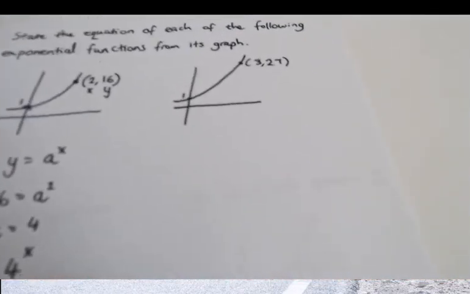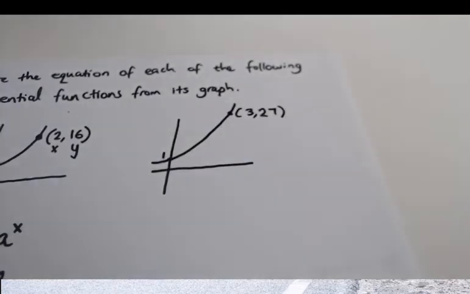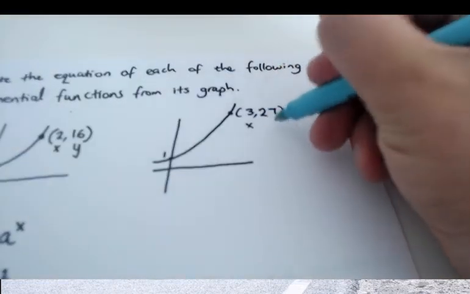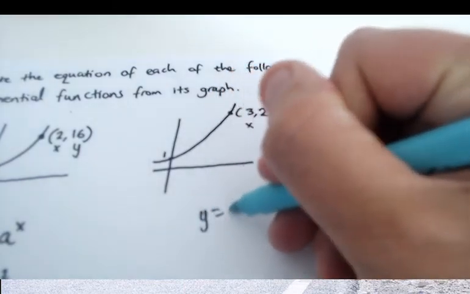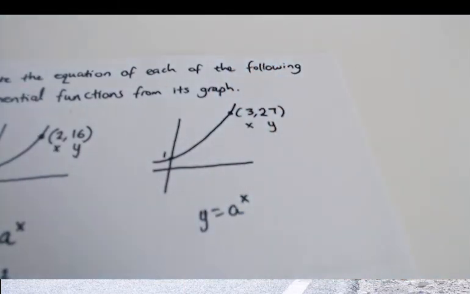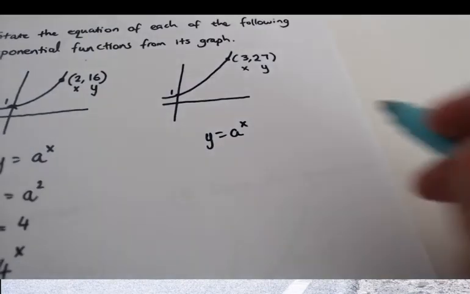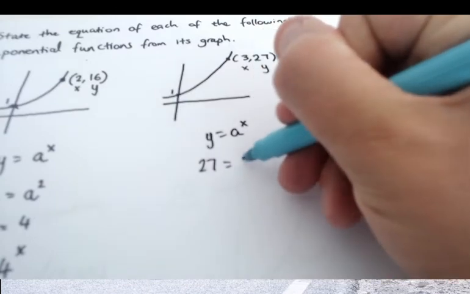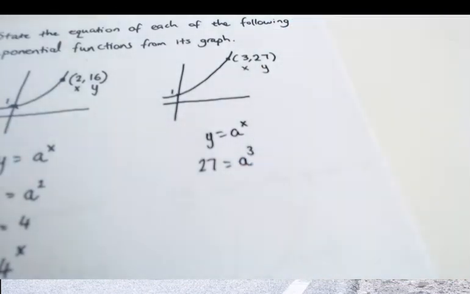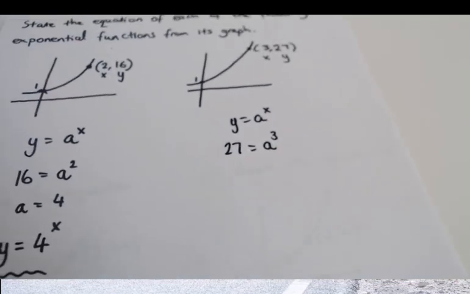The other example, I'm given the point (3, 27), x and y. I write down my formula, y equals a to the power of x. It's an exponential function, so it must have that formula. I'm going to replace x and y with these numbers, and I need to try and work out what a equals.